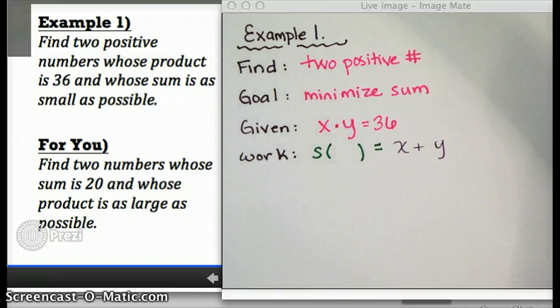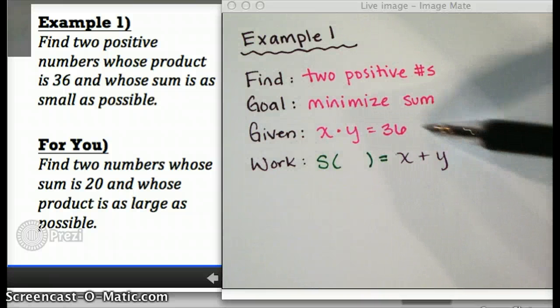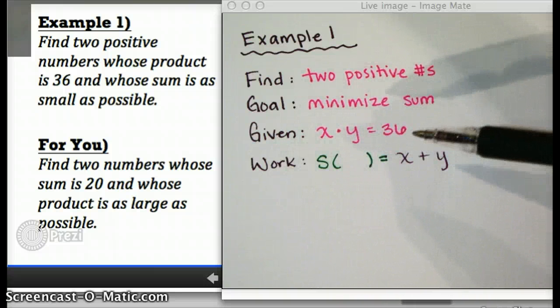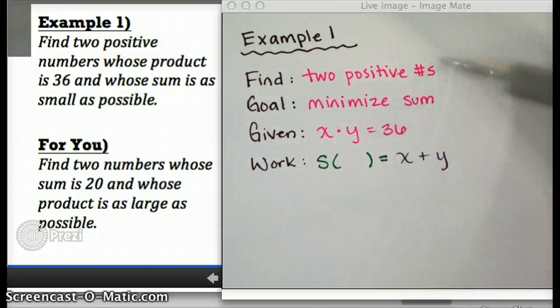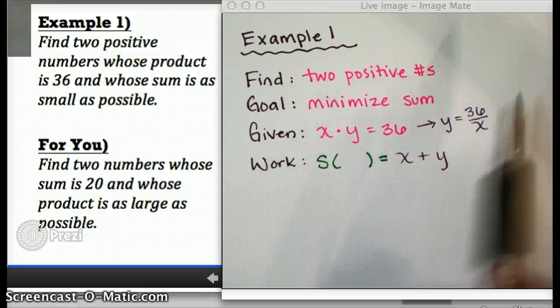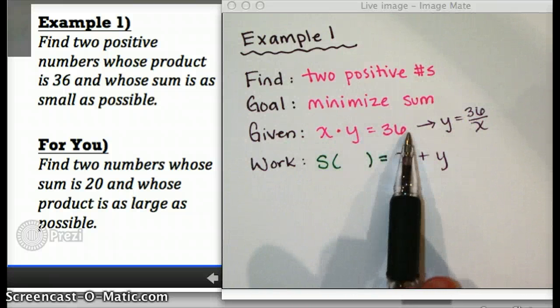In this case, I'm going to find my substitution by looking back at the given information. If x times y equals 36, and it has to because the problem says so, then I know that y has to be the same thing as 36 divided by x. I just divided by x on both sides.